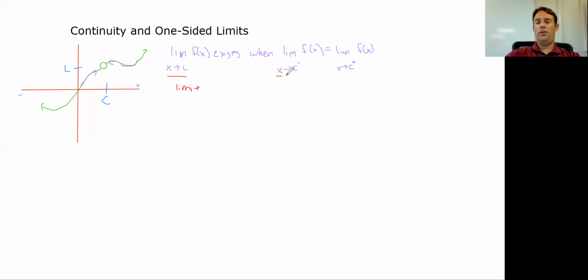But these right here are called one-sided limits because they're only dealing with the graph coming from one side. So one-sided limits.